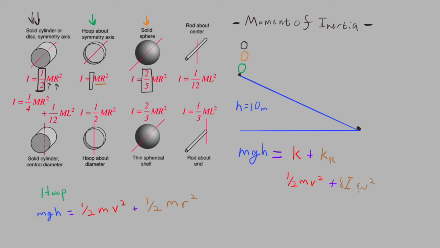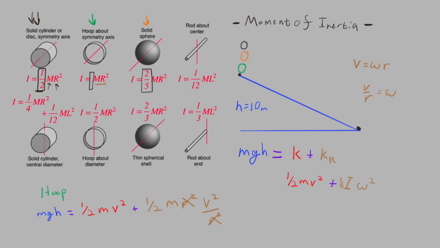And then instead of putting in the omega, I'm going to put in the way to convert omega to a linear velocity. If we remember, v equals omega r. And so if I rearrange that, I have v over r equals omega. And because omega is squared, what I get here is v squared over r squared. Well, now my radiuses cancel out.